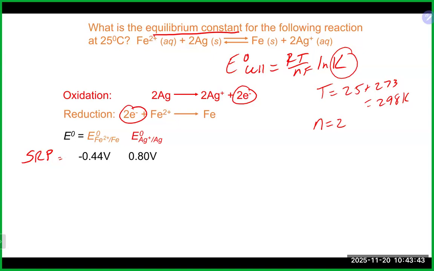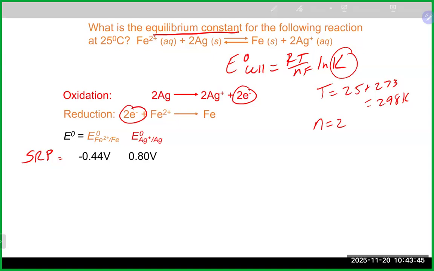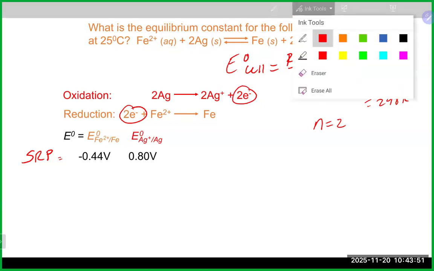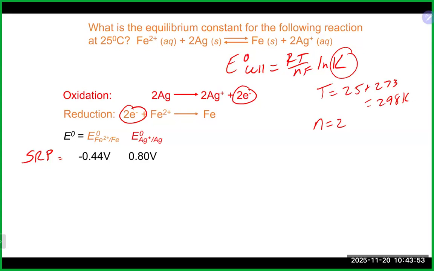And this is also a really good reminder of what we were just talking about in the previous problem. And that is, we do want to look at the equation here. So in this particular case, iron is +2. The silver here is 0 in terms of its oxidation state. The iron on this side is 0, and the silver is +1. So in terms of the iron, it's going from +2 to 0, so it is being reduced.